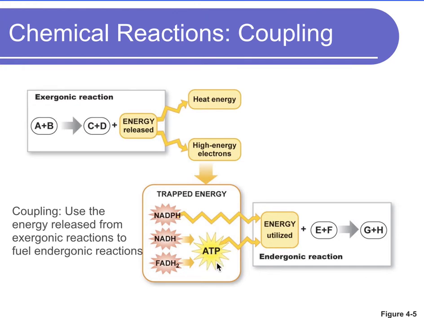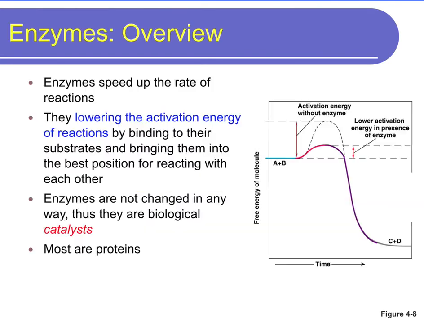And remember, from previous chapters, we learned that energy is stored in chemical bonds. So when ATP, a triphosphate, loses one of those phosphates, a bond is broken, and that breaking of the bond releases energy. So that exergonic reaction will provide the energy required for other endergonic reactions in our body to occur. So that is coupling.